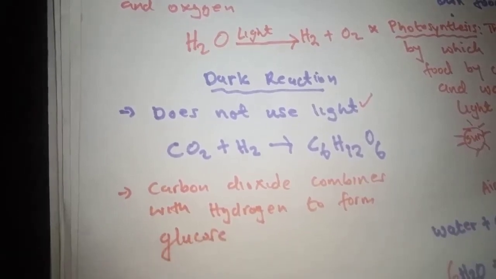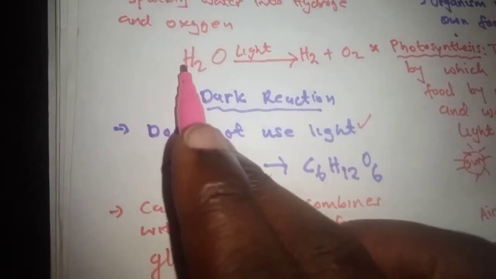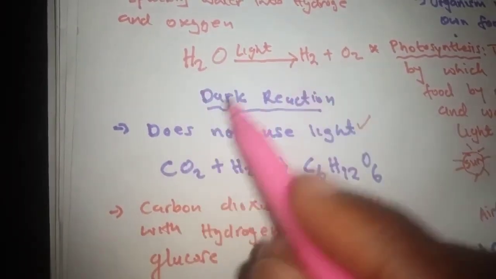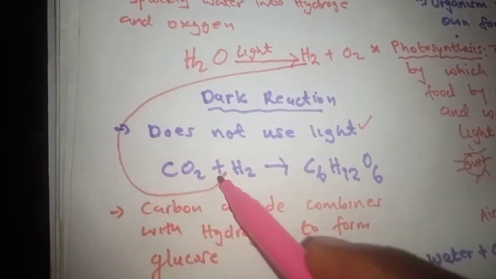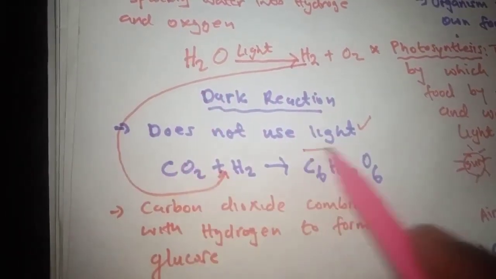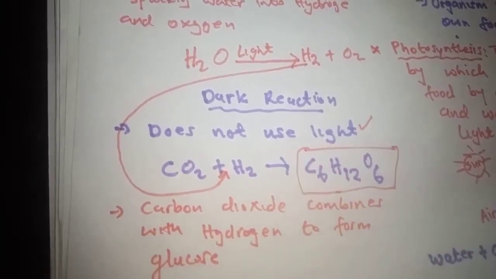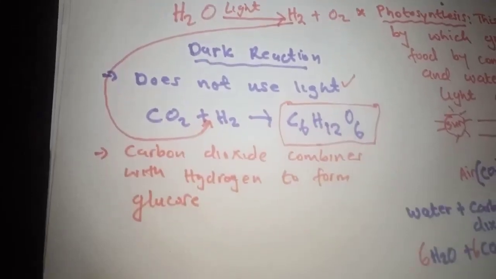So these are the stages, the light and the dark. In the light stage, water is split into hydrogen and oxygen, and then this comes here to combine with the carbon dioxide, and then you have your glucose molecule being formed. So this is what is happening in the dark reaction.